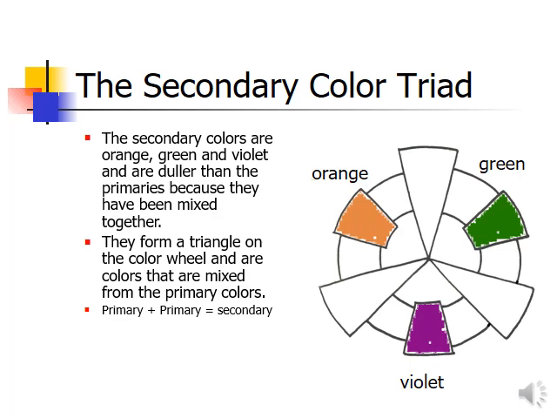So primary plus primary equals secondary. Red plus yellow equals orange. Blue plus yellow equals green. Red plus blue equals violet. So this is how we put the secondary colors in a triangle shape on the color wheel.